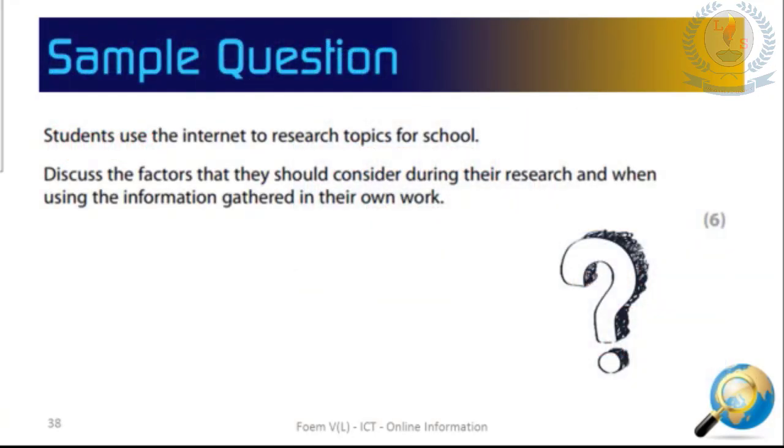See the examination sample question. Students use the internet to research topics for school. Discuss the factors that they should consider during their research and when using the information gathered in their own work. Should consider, discuss also.